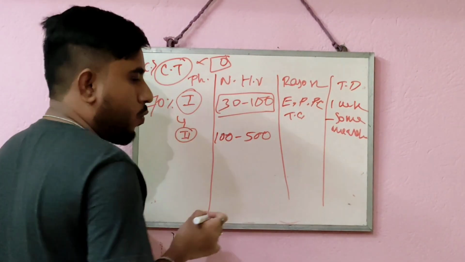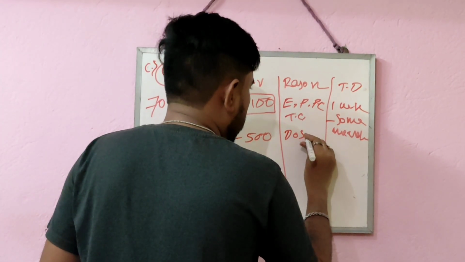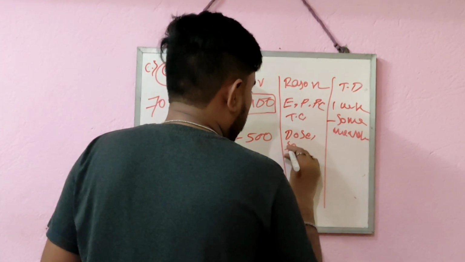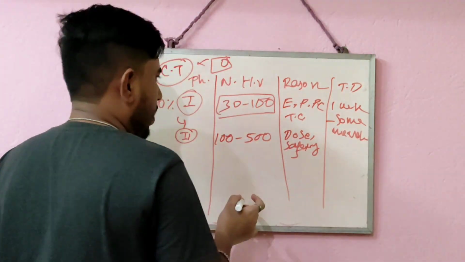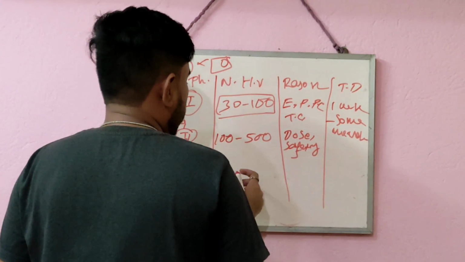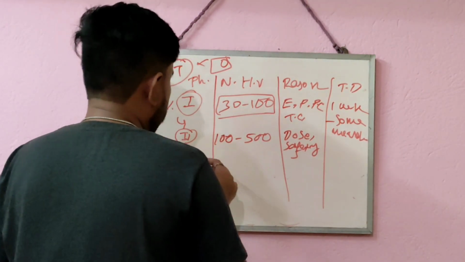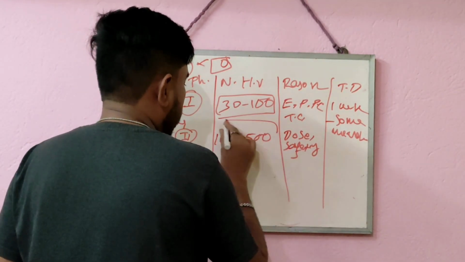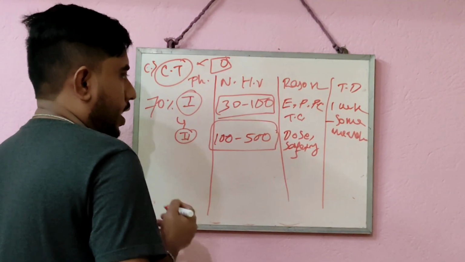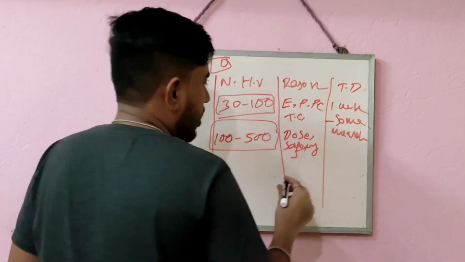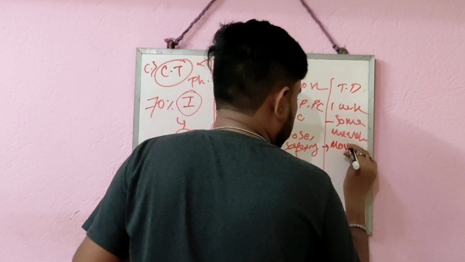Here we have to check the dose, safety in humans, how many people are getting cured by the use of the drug and how many are affected by side effects. That we have to check in phase 2, and for that generally 100 to 500 human volunteers are taken. This step generally takes some months to 2 years.